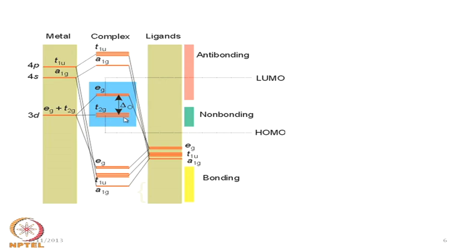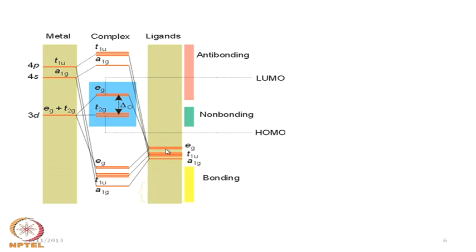But the fact is that the EG level is involved in sigma interaction with the EG level from the ligand side. So, if the energy of this EG level from the ligand side is different, the stabilization energy for the EG level as well as the destabilized EG star level will also be different.